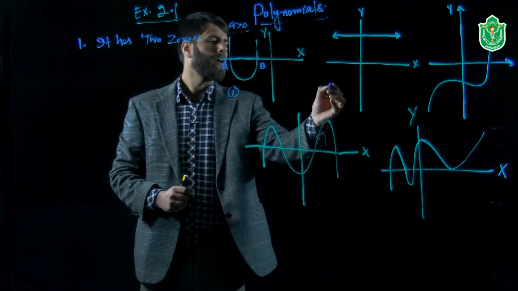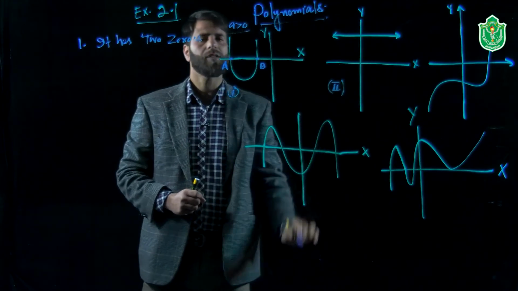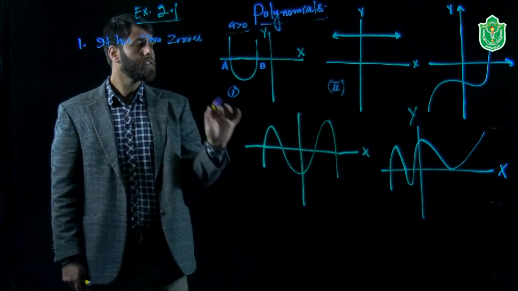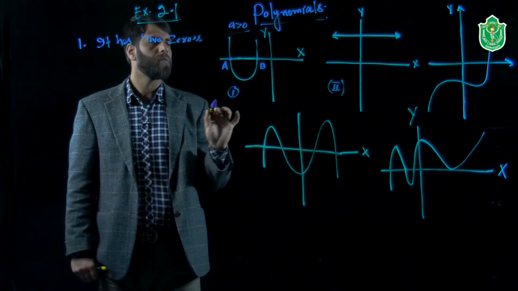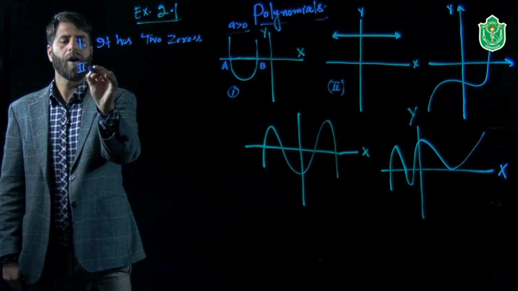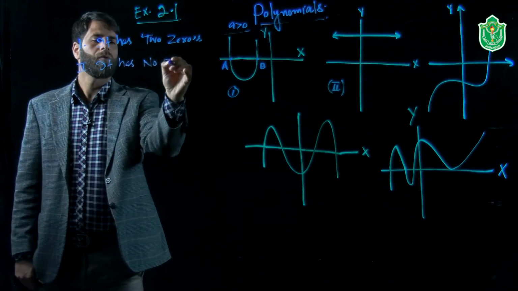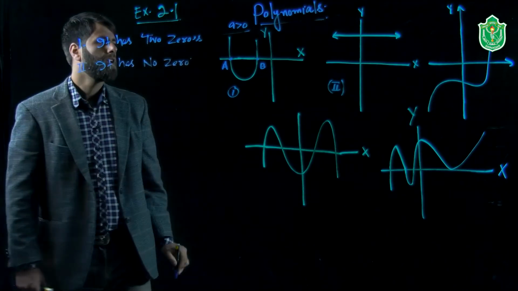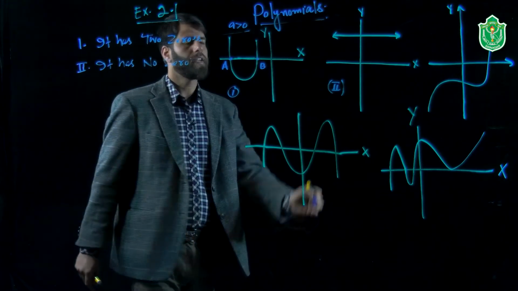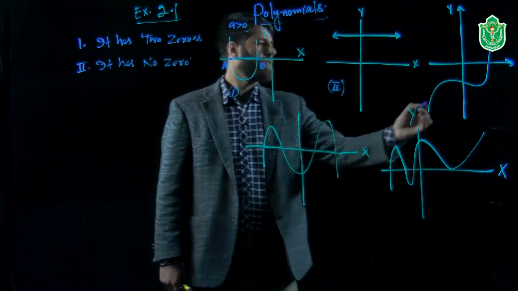Now, second part. What about this? This is the x-axis and this is the y-axis. This is a line parallel to the x-axis. It doesn't intersect the x-axis at any point. So in part second, it has no zero. Why? Because it does not intersect the x-axis at any point. It intersects the y-axis. What about the third part?